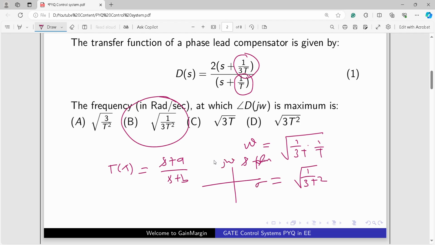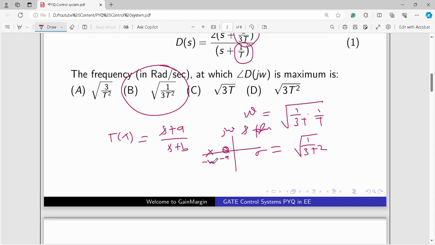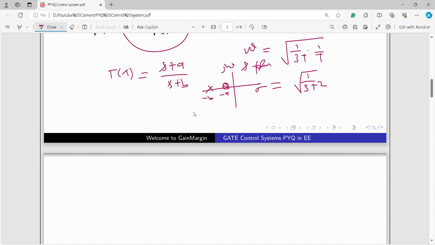Here this circle is a zero and this cross is a pole, at minus a and minus b. And one more thing: a is less than b, regardless of sign, so we can say absolute a is less than absolute b. Only then can we say this is a lead compensator.